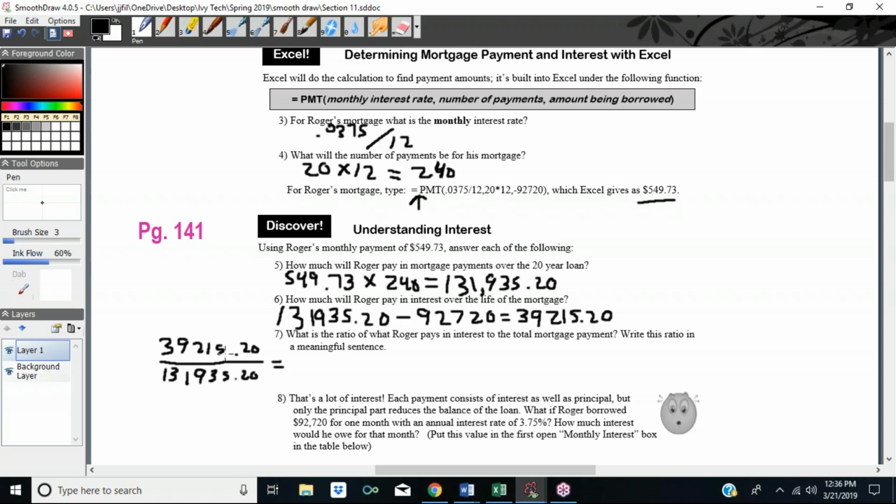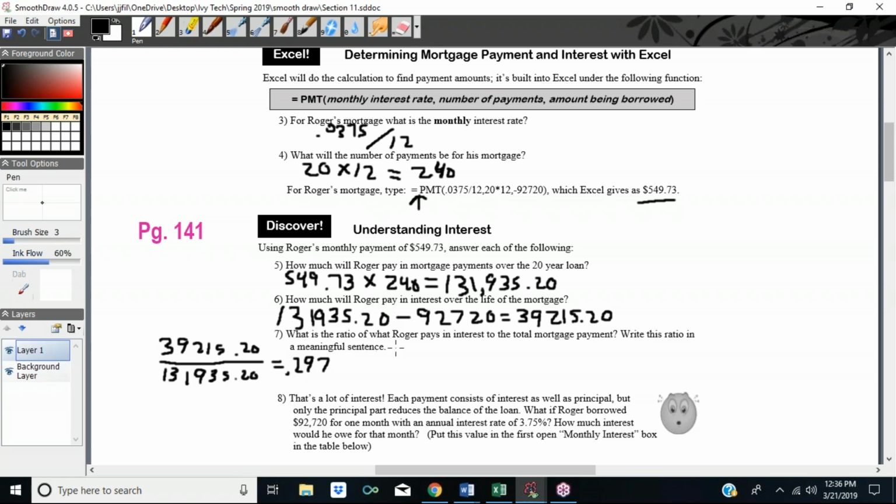So let's see what we get. I got 0.297. So this is a part to whole ratio, and that means we can write this as a percent and then make a statement about it.